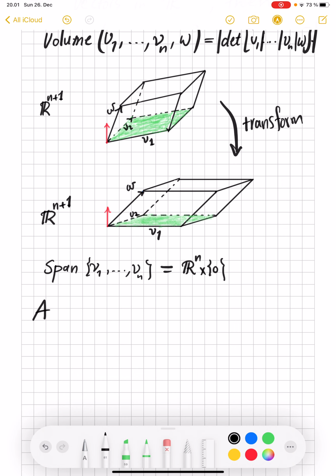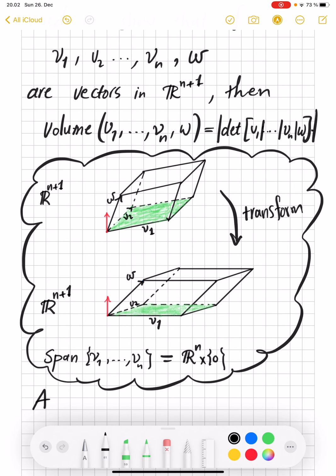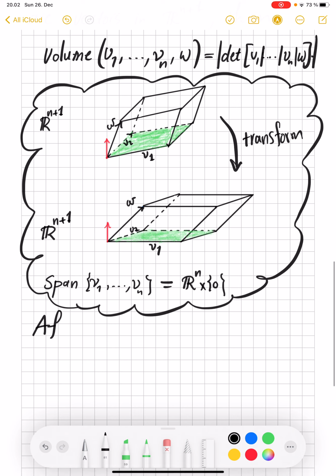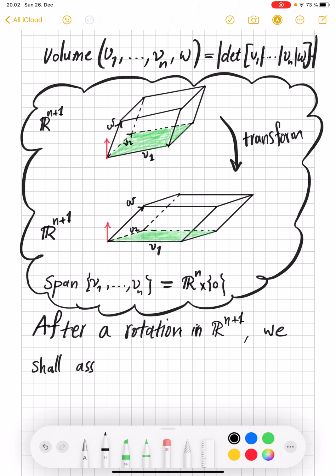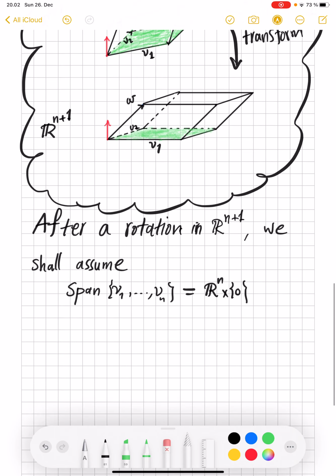So the proof, this is just some thinking. So we want to show that this volume equals that. Here's the simplification part. After a rotation in R^(n+m), we shall assume that the span of these vectors equals that.